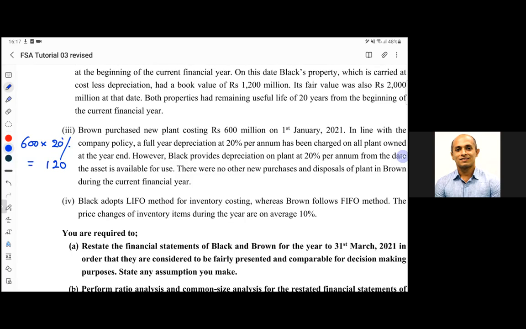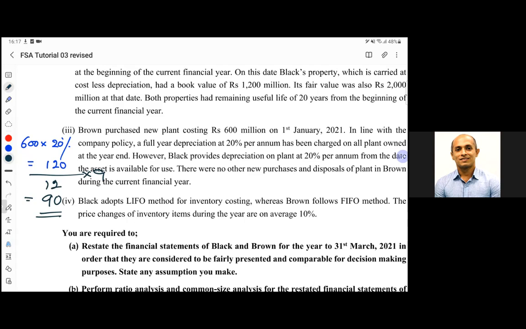So you can divide by 12 and multiply by 9. You can calculate the over provision for depreciation as 90.